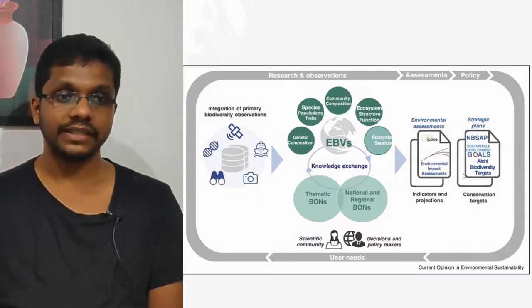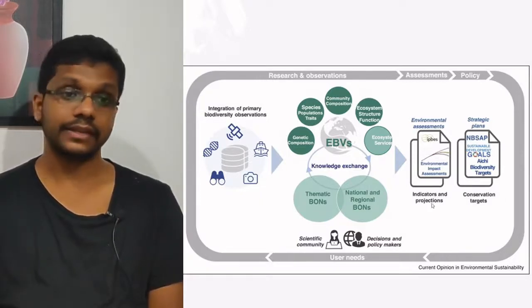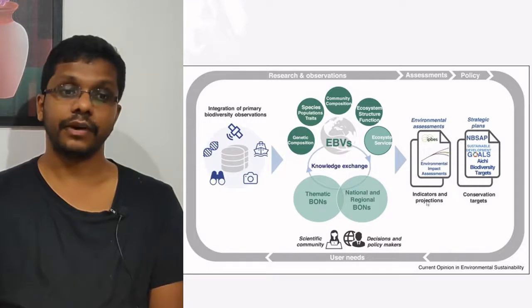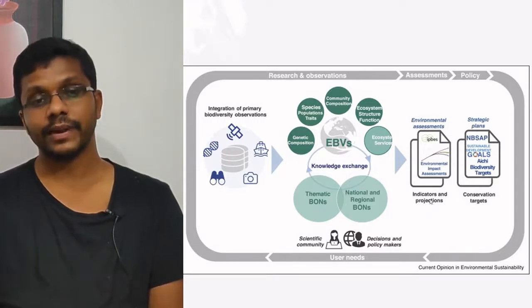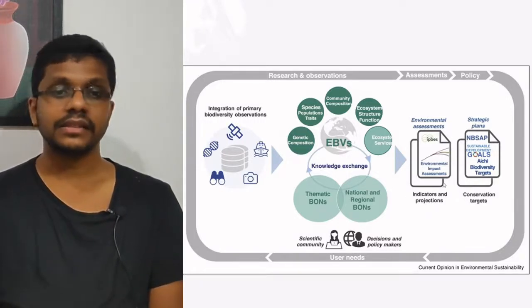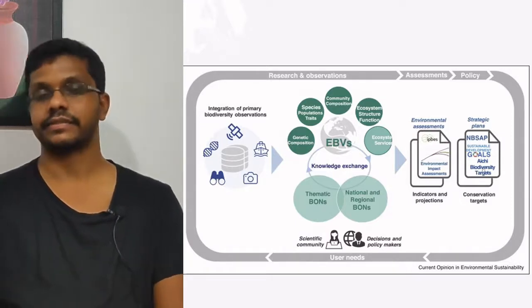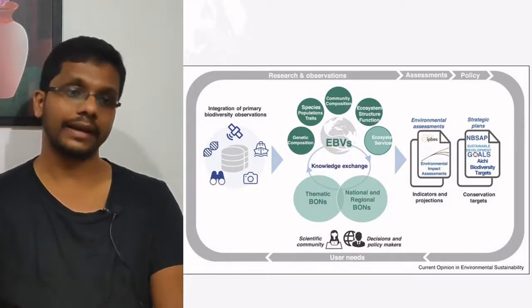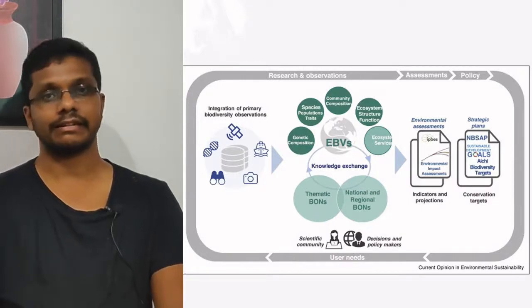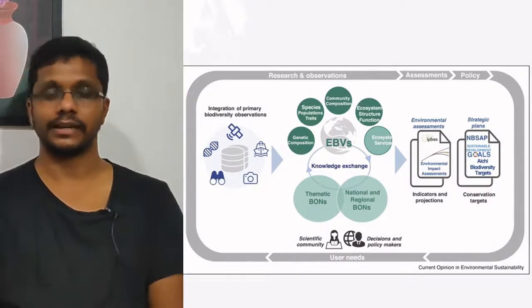So from these EBVs, we will find the indicators of biodiversity changes, and these indicators are used for strategic plans, for conservation efforts, policy making, law making. Everything is based on the indicators. These indicators indicate the changes in biodiversity.